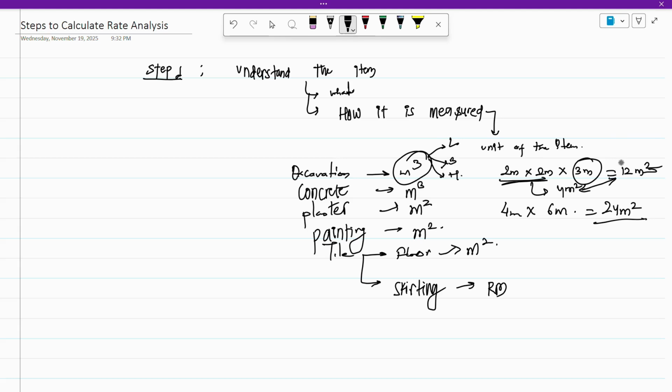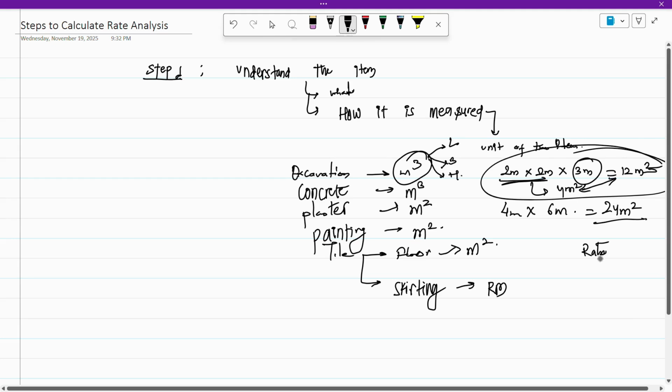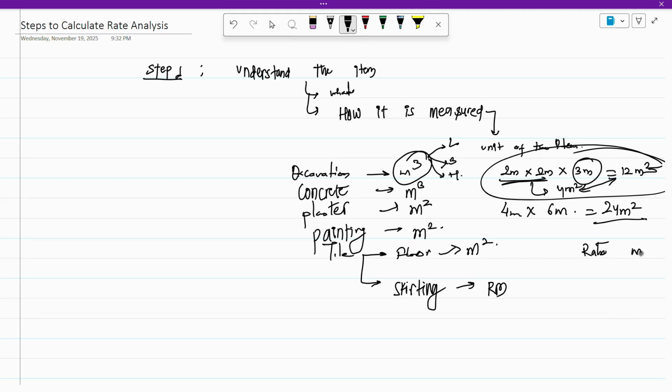You see how the quantity changes when the unit of measurement changes. And with that, the rate also changes. If, let's say, the rate mentioned is for meter cube, but you put the quantity as meter square, instead of 12 you put 4, then your rate calculation will be mistaken.